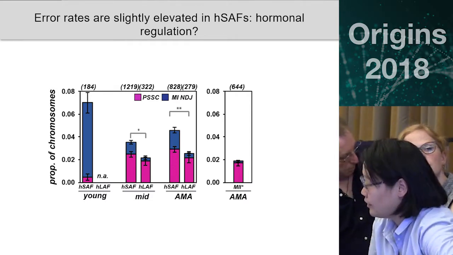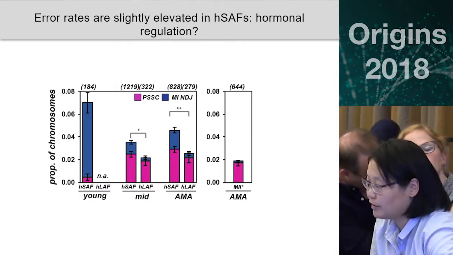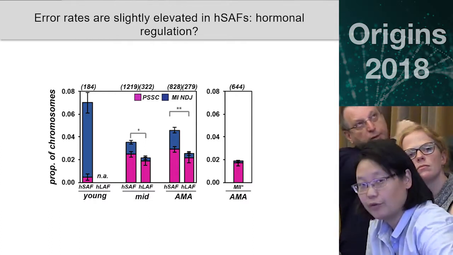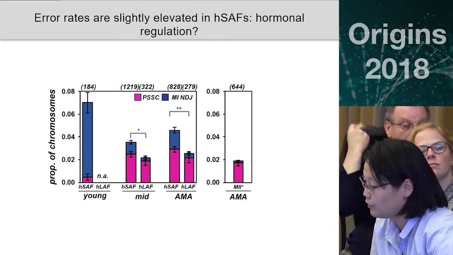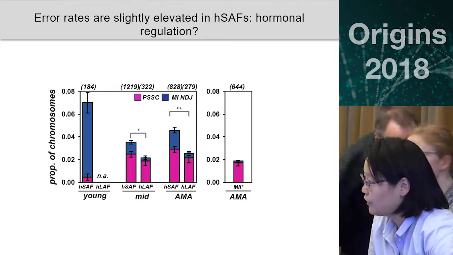So at this stage, we can't distinguish between whether this is because they're coming from a different stage of follicular growth, and whether this is selection.